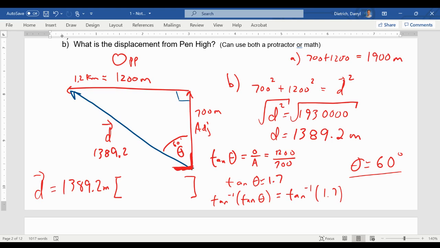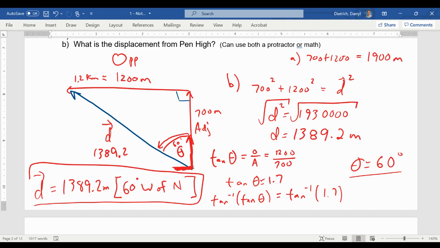So what we would say here is, if we start off pointing to the north, we need to go 60 degrees west of that. So we need to go 60 degrees west of north, and that is how we state our angle or our direction when it comes to using our Cartesian coordinate plane.